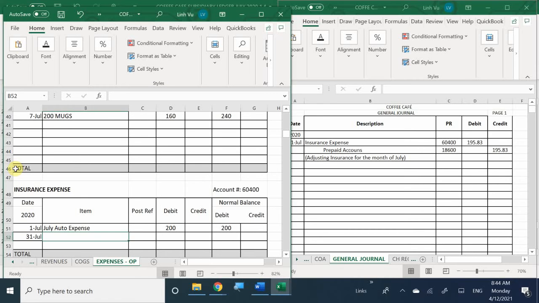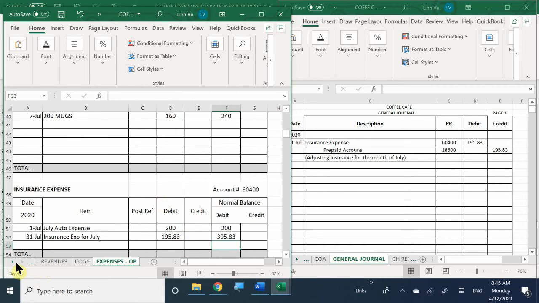And I'm going to write insurance expense for July. We are doing $195.83 because that's exactly how much it's going to cost me every single month for my insurance expense. We took the total value of my insurance and divided by 12 to give us the $195.83. So that's how much we used.